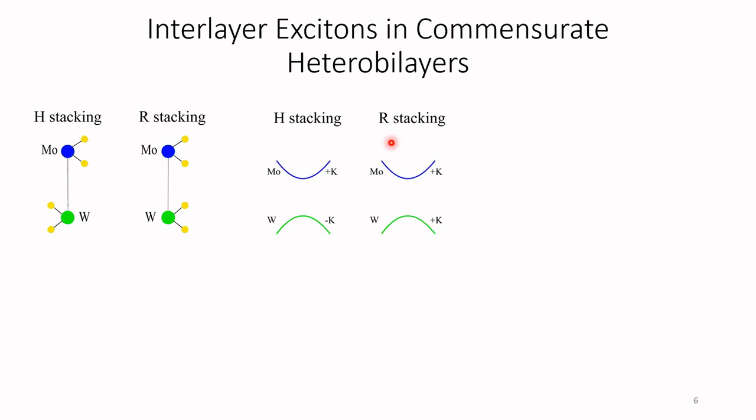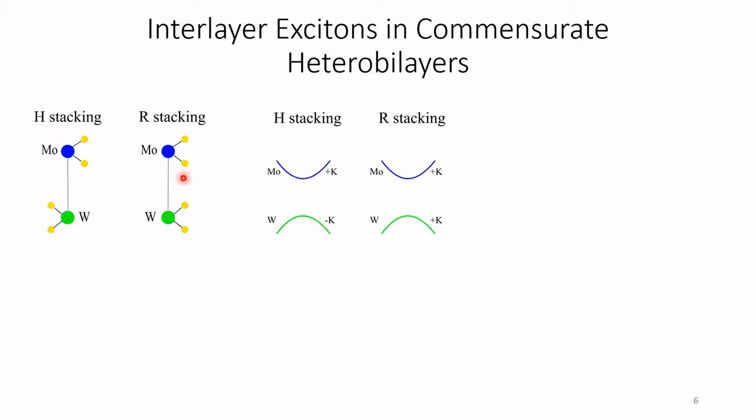Even when there is a small twist to create a Moiré lattice, the analysis is largely the same. There isn't any extra physics, at least in terms of the dipole moments of the interlayer excitons.